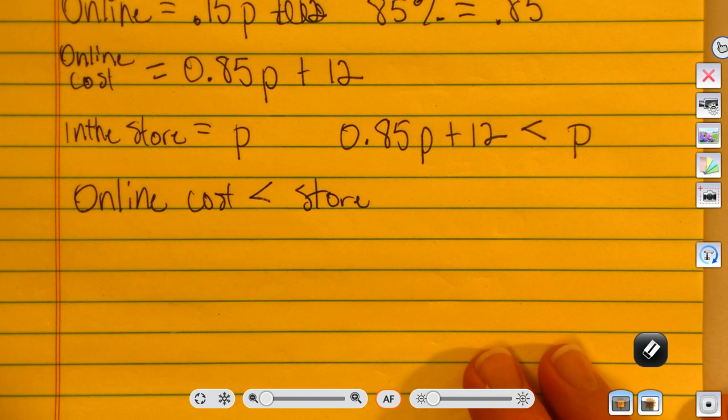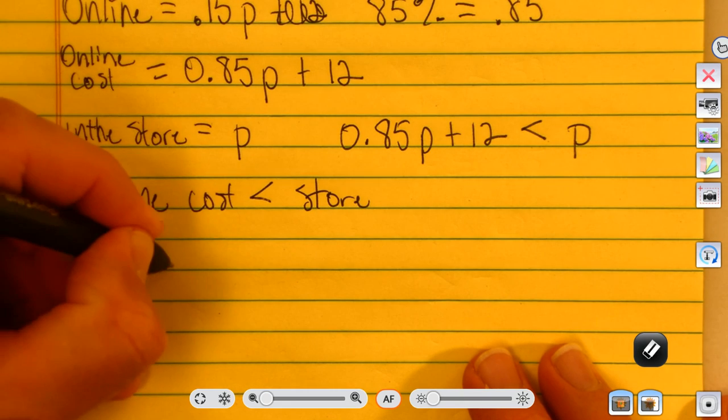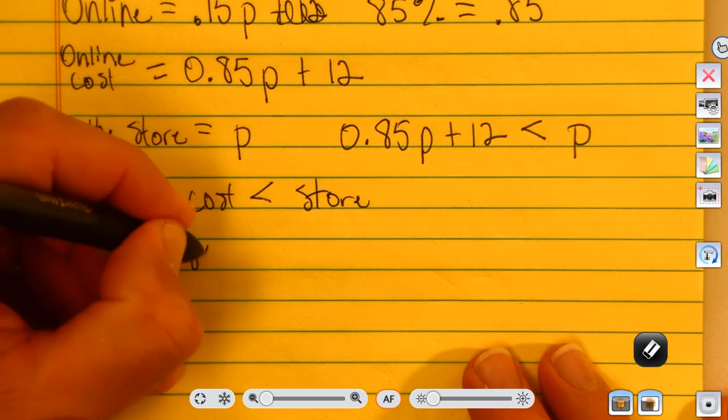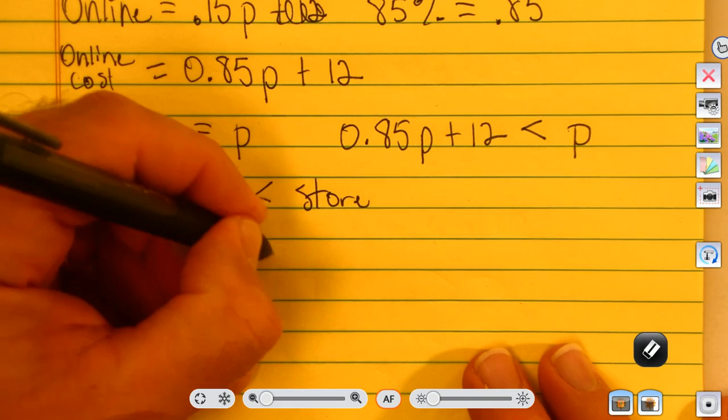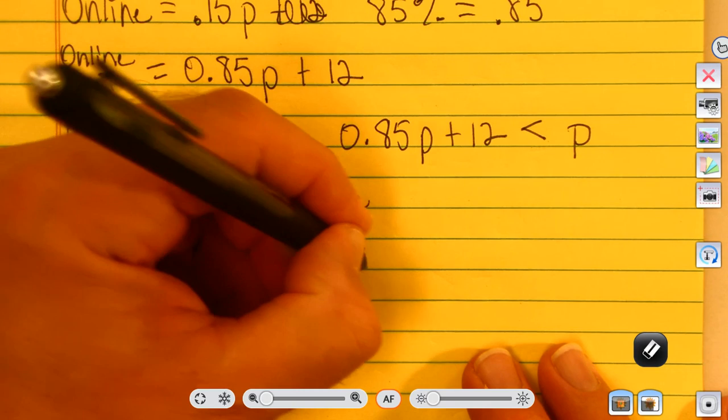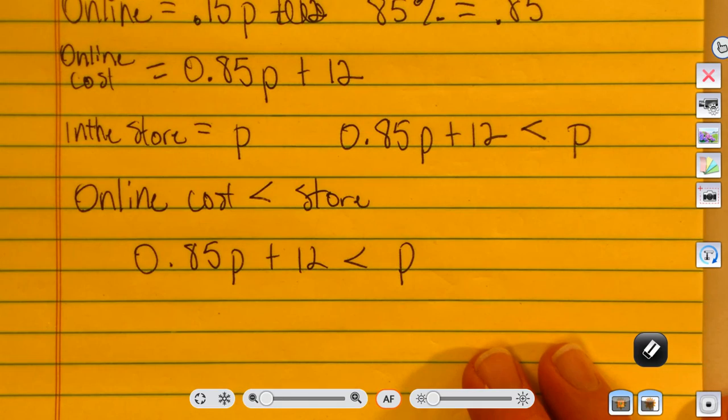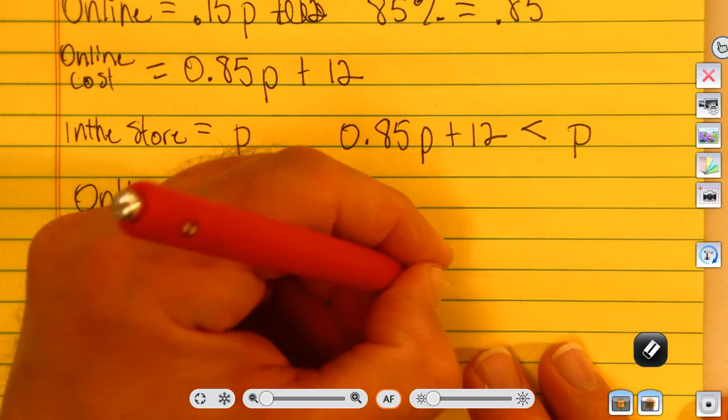Yes, sir? Would you subtract 12 from both sides? You can. So the first step might be to subtract 12 from both sides. We can do that. So minus 12 like that.